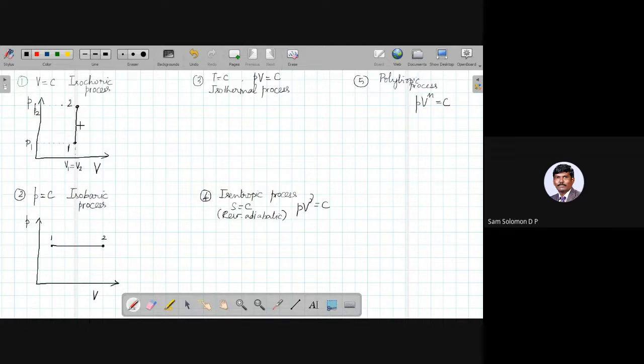So 1 to 2 is constant volume heat addition, and in the next semester you will be talking about something called an Otto cycle. You're all familiar with the petrol engine. Just to give you an idea where this process is being used, you have isentropic compression, then constant volume heat addition, then expansion, and then heat rejection.